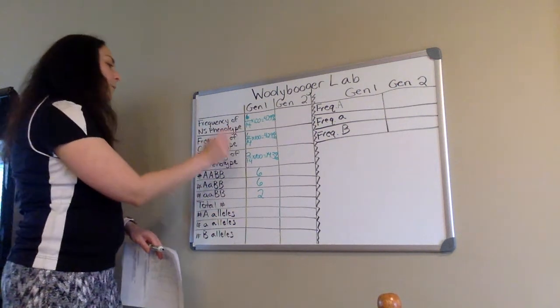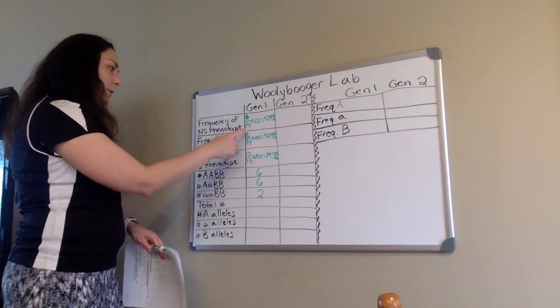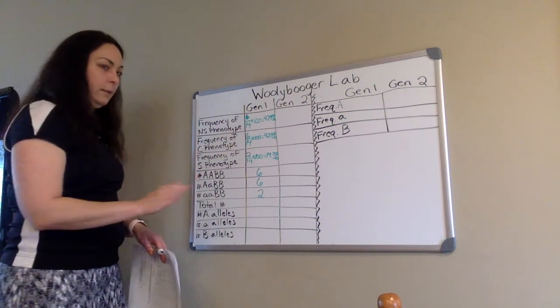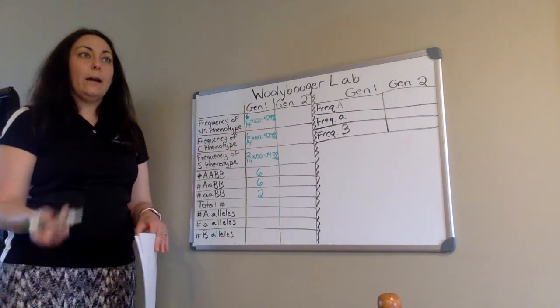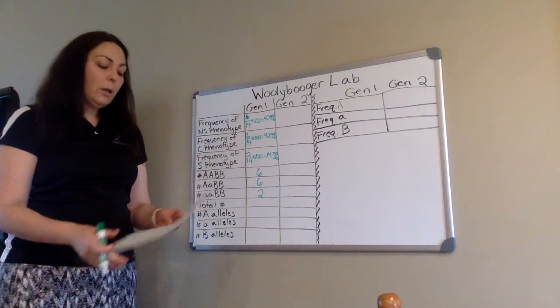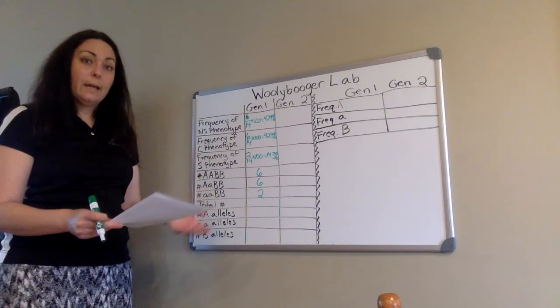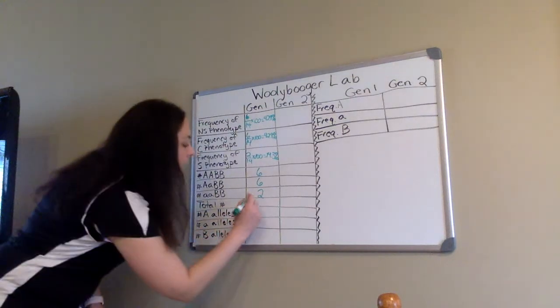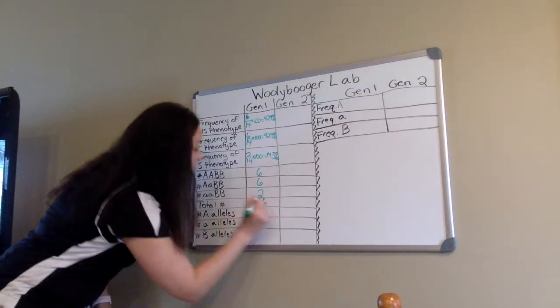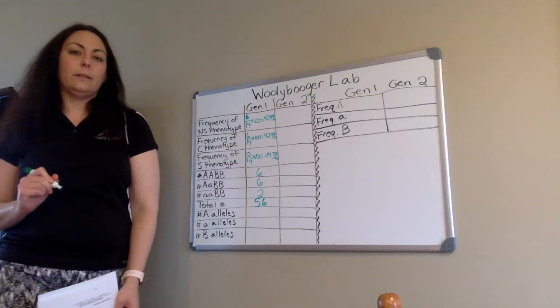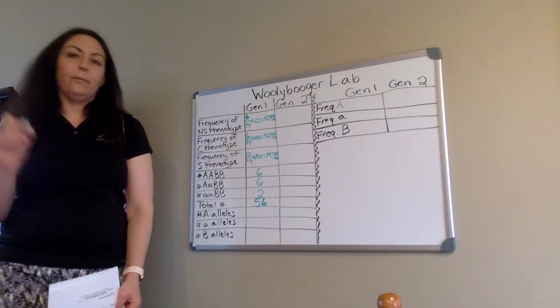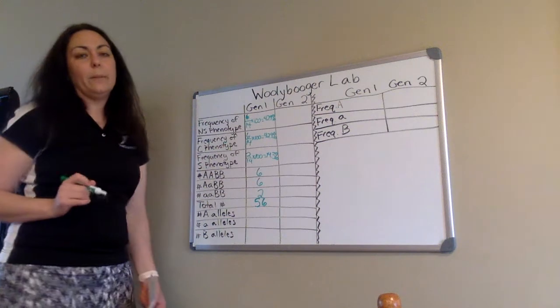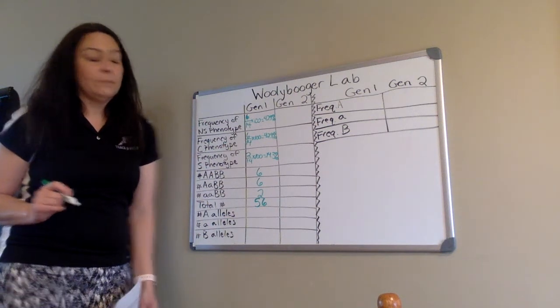So if we have 14 total individuals and they each have 4 alleles, the total number of alleles for the population would be 14 times 4. And 14 times 4, very good, is 56. So 56 is the total alleles in this woolly booger population of 14.